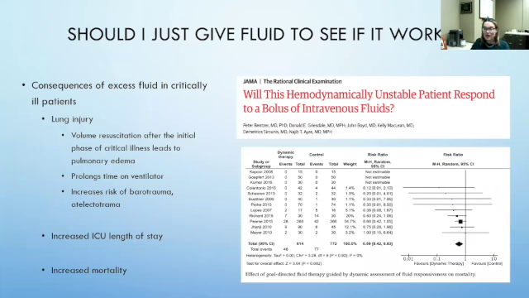We also know that giving people a lot of fluid increases their ICU length of stay and also increases mortality. I'll send you guys this article too. It's pretty new, and it's a nice study that shows that people that got more fluid had an increased mortality over people that had an assessment of their fluid status pretty frequently, and in general got less fluid. This on the side here is a meta-analysis, if anyone hasn't seen this type of study before.